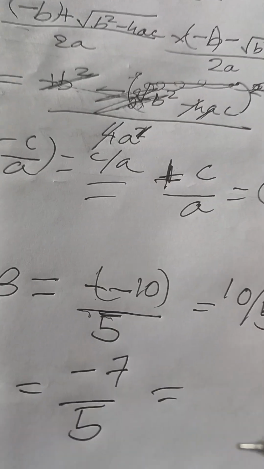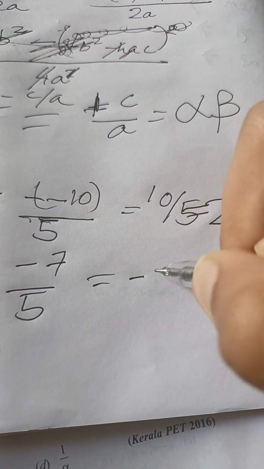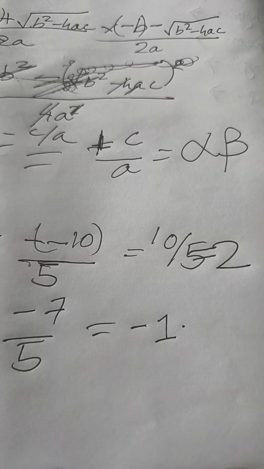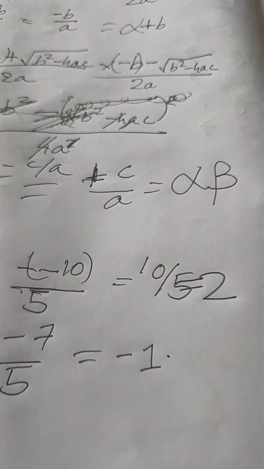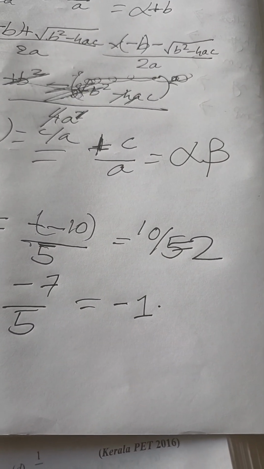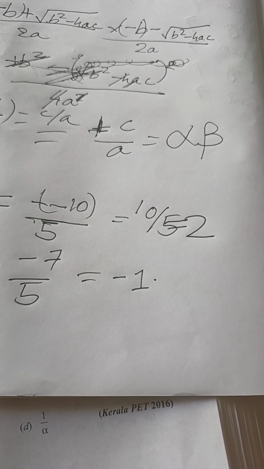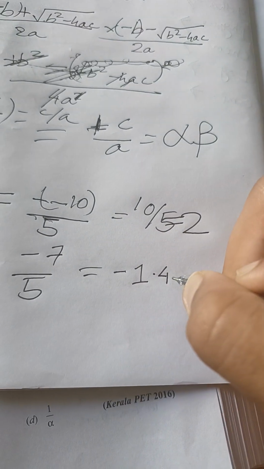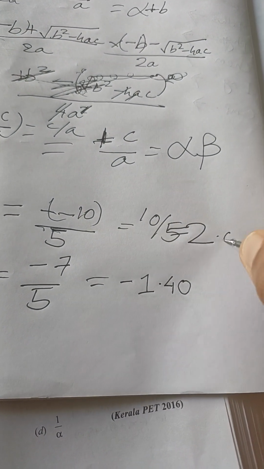Maybe I could take out a calculator and do something, and then it would be something like minus 1.40, and this is 2.00.